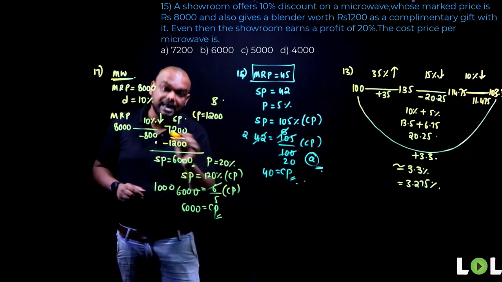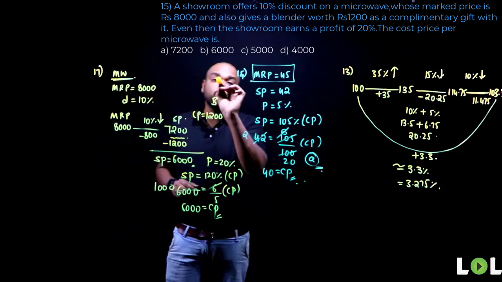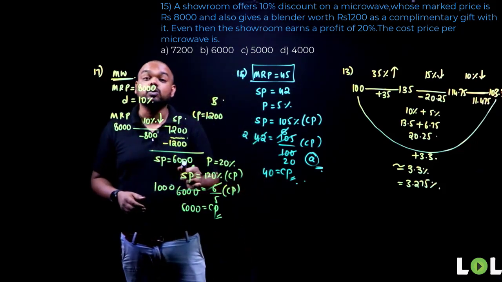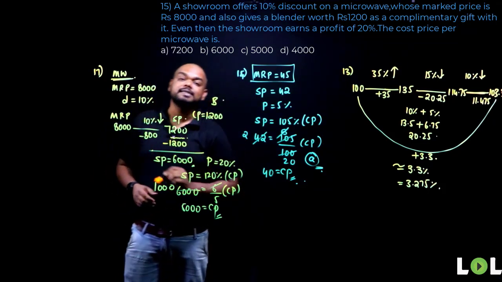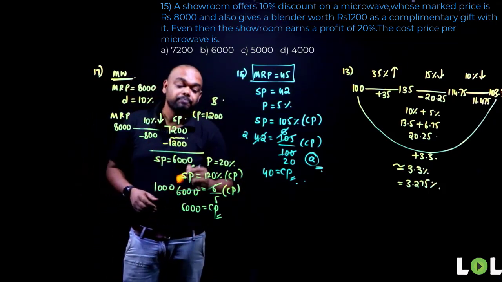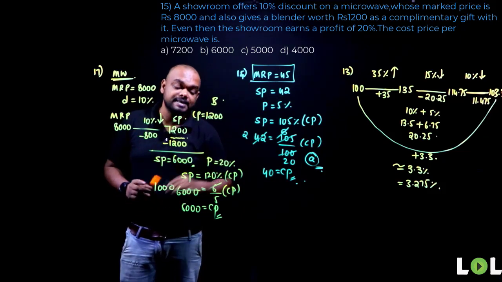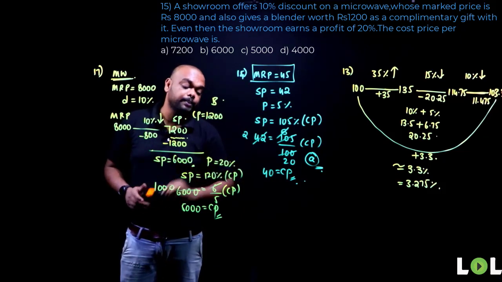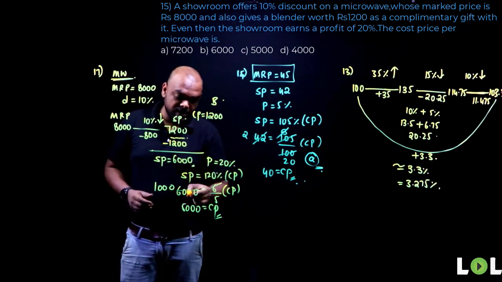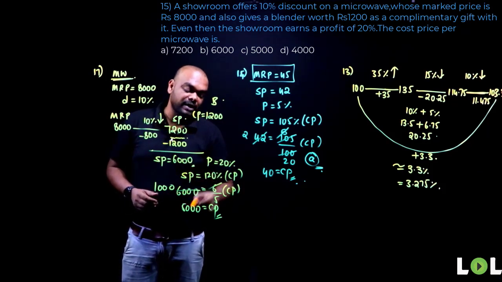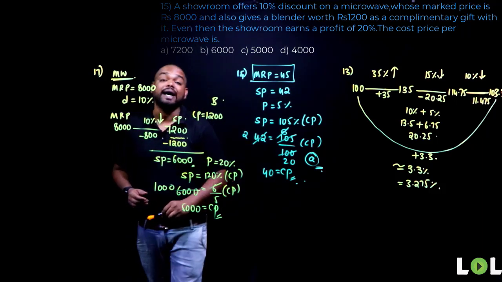We have to reduce that 1,200 as well. It means the overall selling price they got is only 6,000. But still they made a profit of 20%. So 20% profit means selling price is equal to 120% of cost price. Selling price 6,000 is 6 by 5 of CP, so CP is equal to 5,000 rupees.